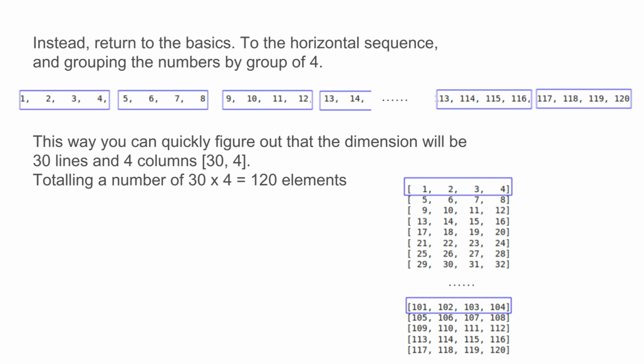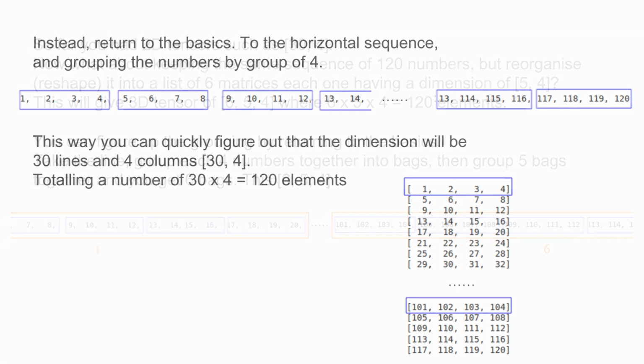Start with the original horizontal sequence and group the numbers into sets of 4. By doing this, we can quickly determine that the new shape will be 30 rows and 4 columns, giving us a 30 by 4 tensor. And of course, the total number of elements remains the same. 30 times 4 is equal to 120. This simple approach makes reshaping tensors much easier to understand.